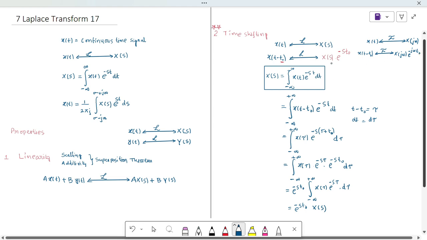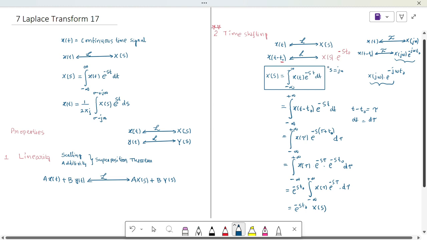So both are the same. Once you substitute s equal to j omega, see, x of j omega into e power minus j omega into t naught, we get the same.